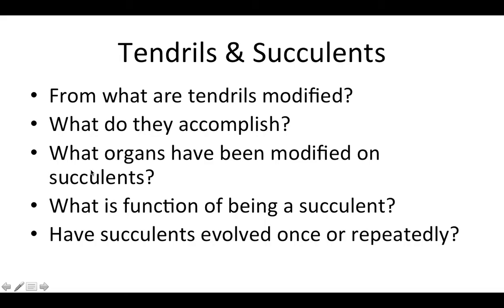So you should know examples of what kinds of organs have been modified to become succulent on succulent plants, and what is the function of being a succulent. So why has selection led to plants being succulent? And your book talks about whether this being succulent has evolved once or evolved repeatedly.